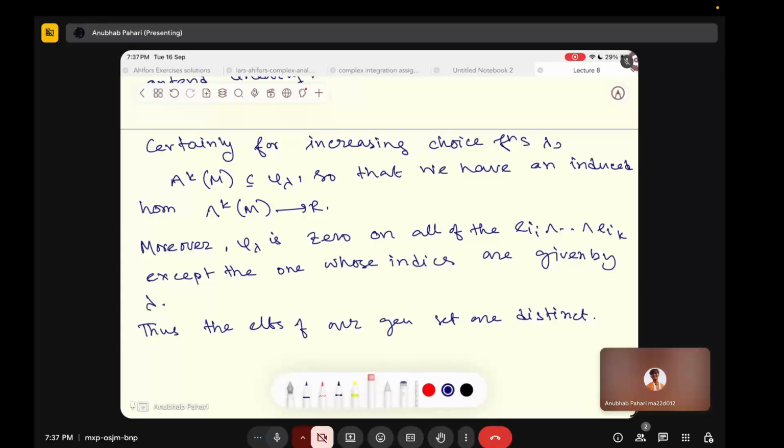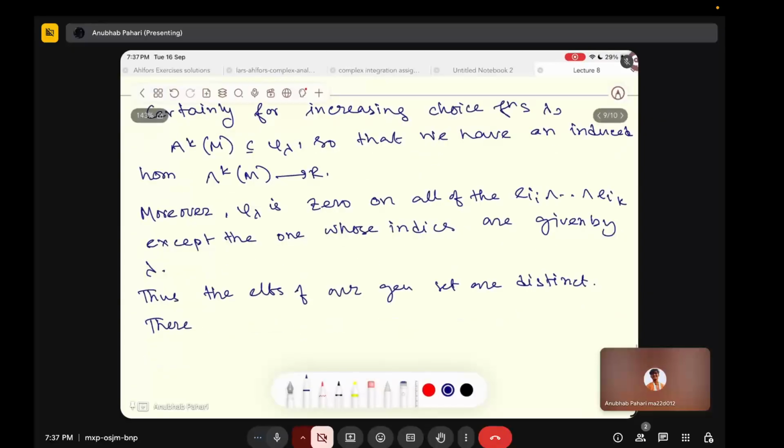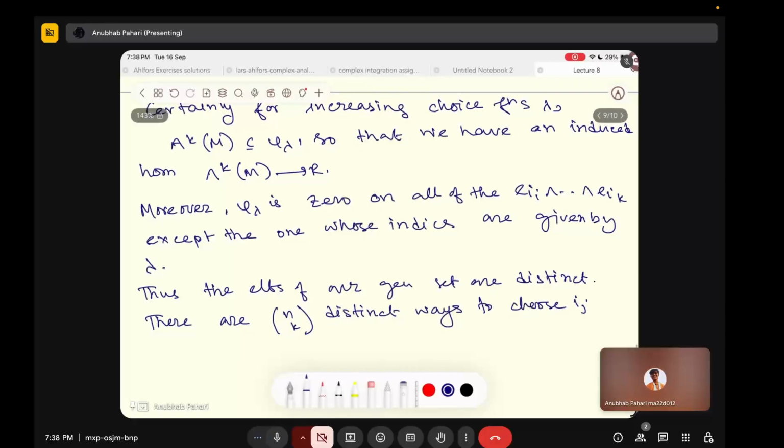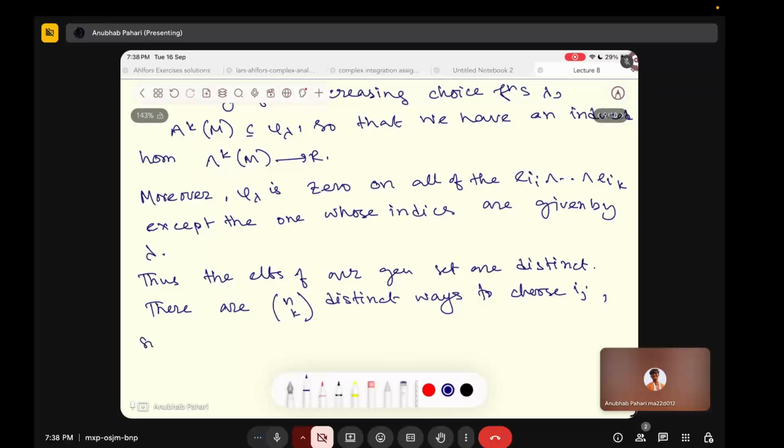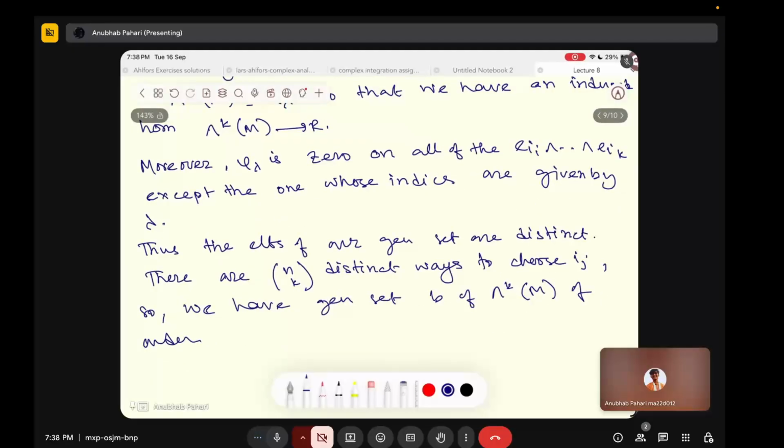There are n choose k distinct ways to choose the indices. So we have a generating set B of the exterior power k of M of order n choose k.